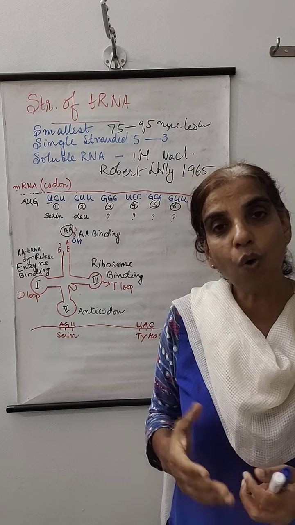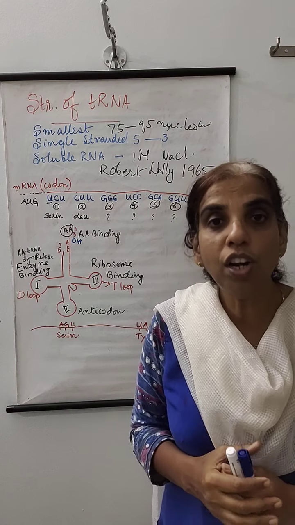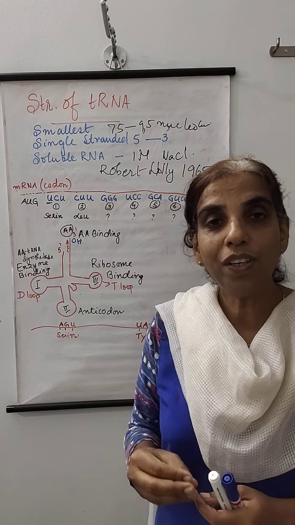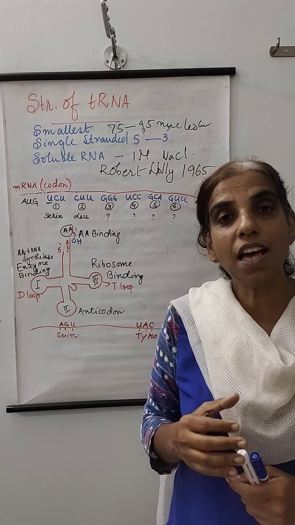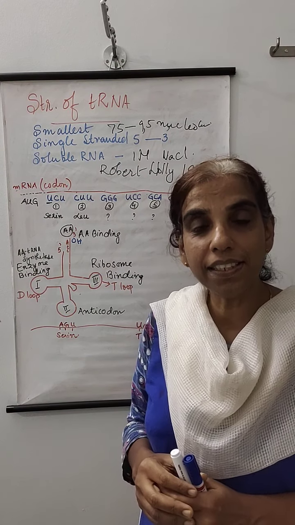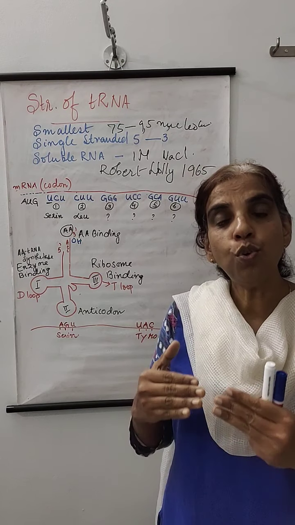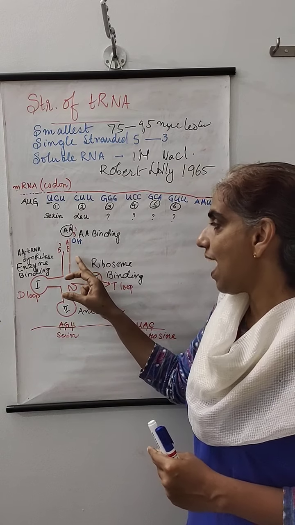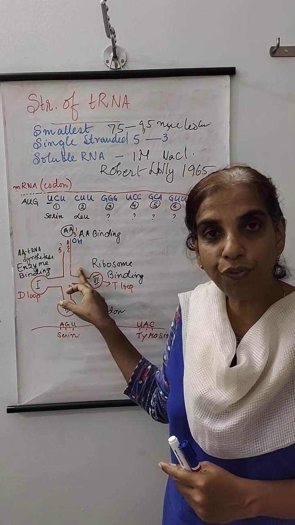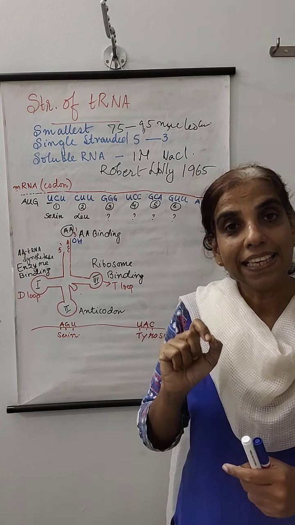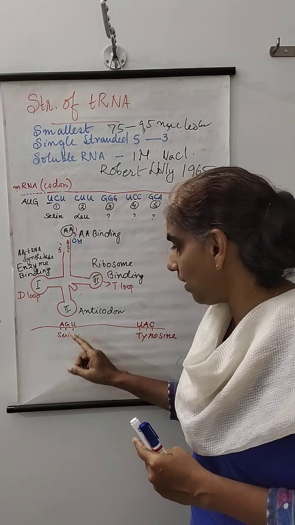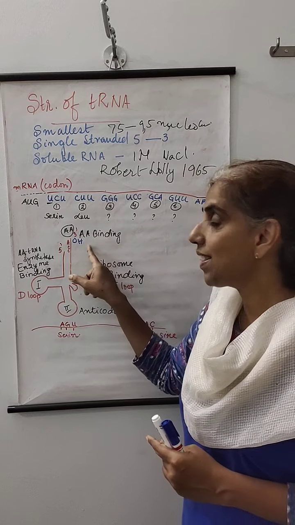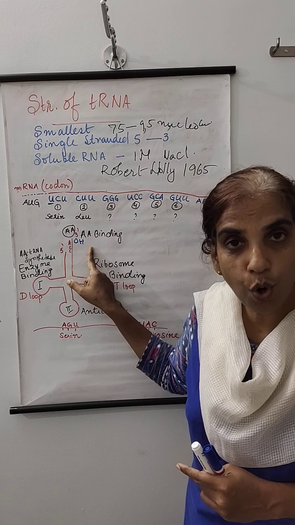Now we know the role of an adapter. When we use electronic gadgets, adapters always help in linking two devices. In the same way, the adapter molecule transfer RNA links the codon of the messenger RNA with the corresponding amino acid.